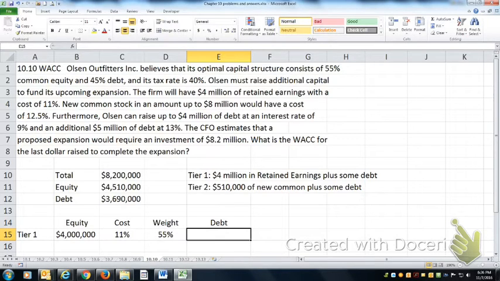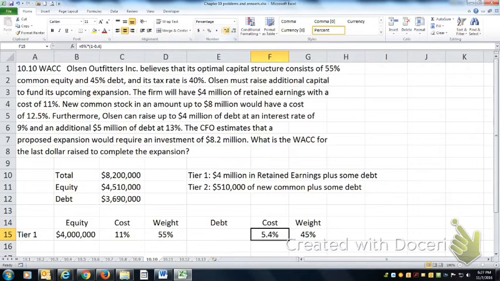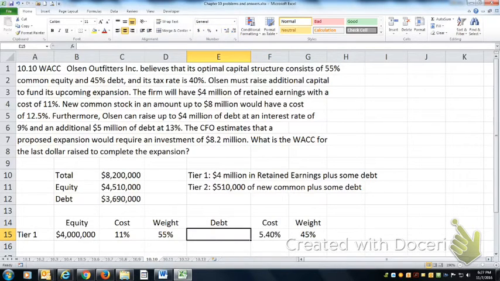So the ratio of debt to equity, this is 45%. The cost for that debt would be 9%, that's the yield to maturity, times 1 minus their tax rate, so the actual cost is going to be 5.4%. Now I could find the total number of dollars of debt simply by taking the weight of the debt divided by the weight of the equity times the equity.